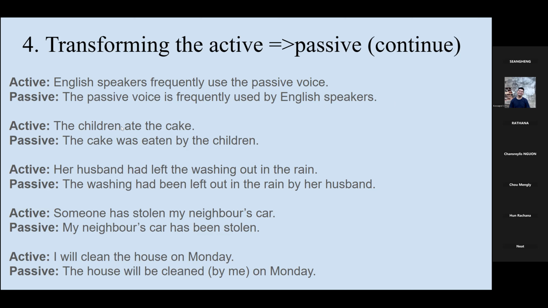The children ate the cake. The children is the subject, ate is the verb, the cake is the object. Ate is past simple, so in passive voice it is was plus past participle. So the cake was eaten by the children.